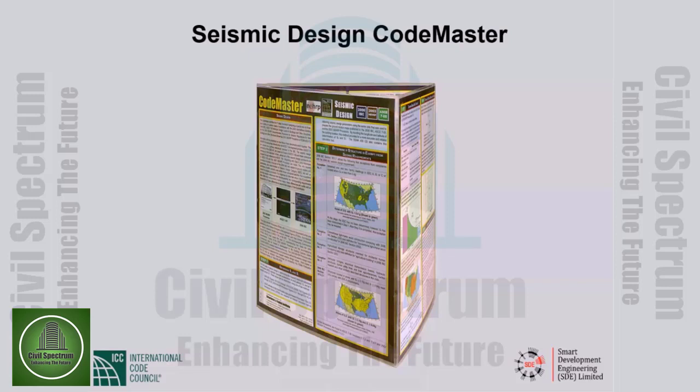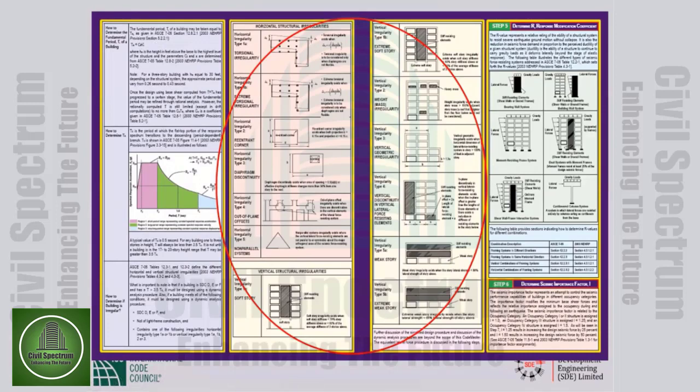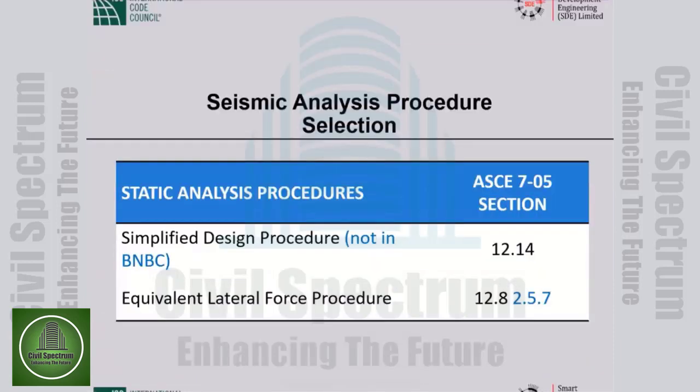In this code master, seismic design, I believe, is in 10 steps. And this one is for ASCE 7-05 and 2006 IBC. This is why I pictured it here. The document has been updated with every edition of the IBC. What I did want to show you is in this 6 page affair, you see how much space we have devoted to a discussion of structural irregularities. That's how important we think the topic is.